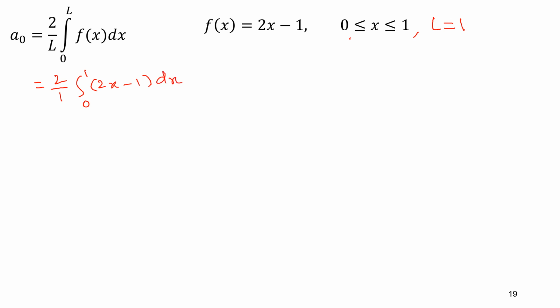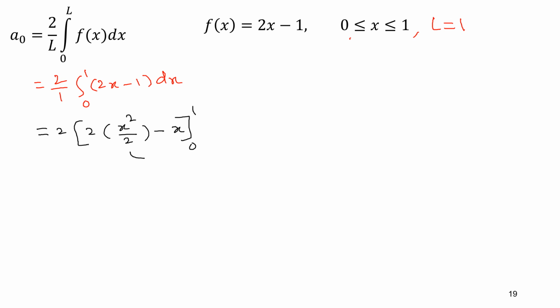We integrate this. The integration of 2x is x square by 2 minus the integration of 1 dx, which is x, with limits 0 to 1.